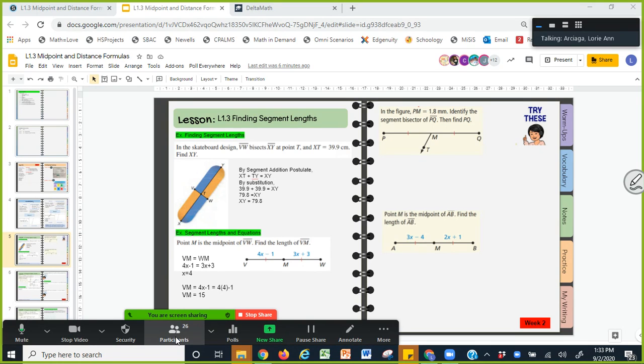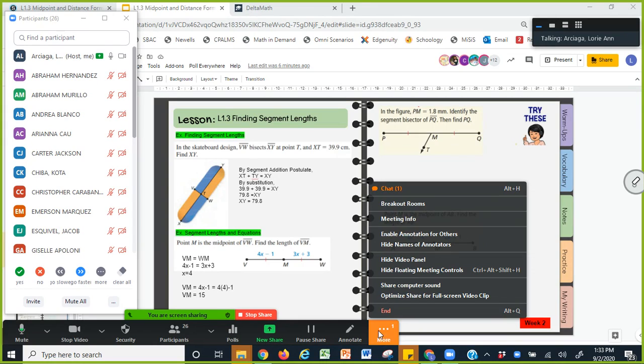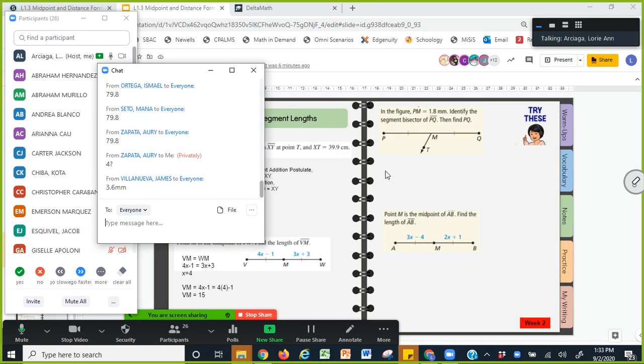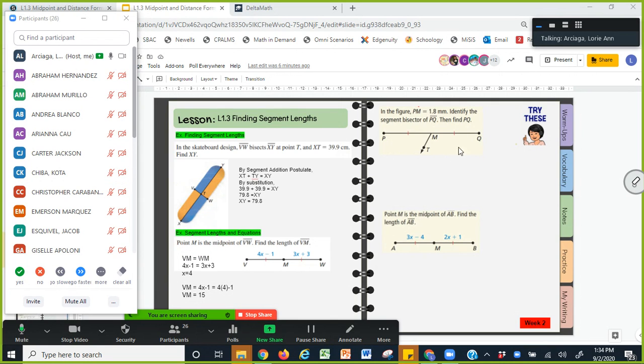If you would like to share, please let me know or raise your hand or unmute yourself. I'm going to make you a temporary co-host so you can share your screen. In other words, if you wrote on your slide, you can share that screen with us, or if you wrote on a piece of paper, you can show that in your camera.